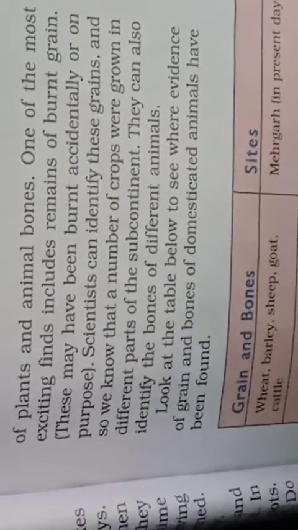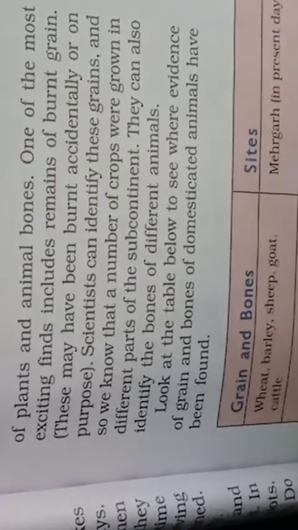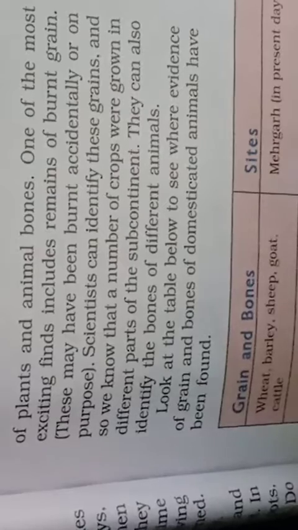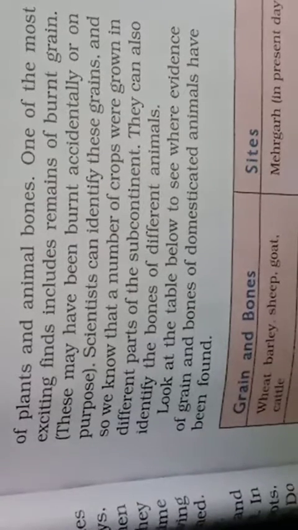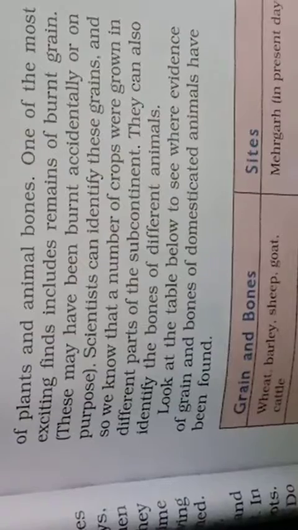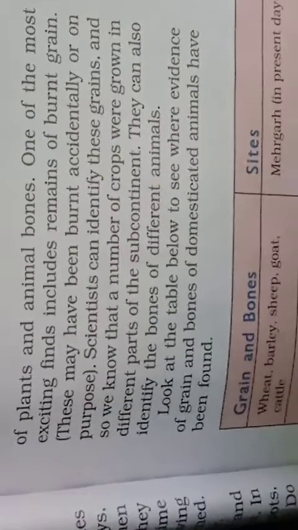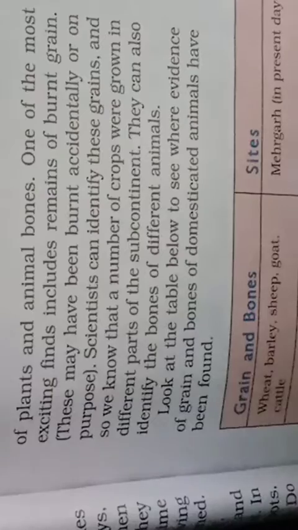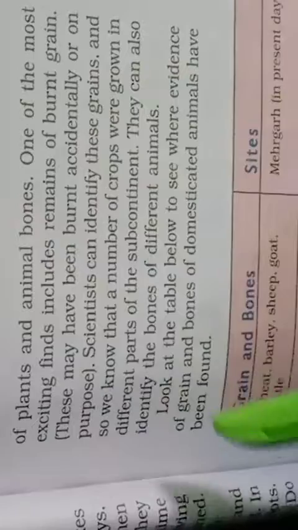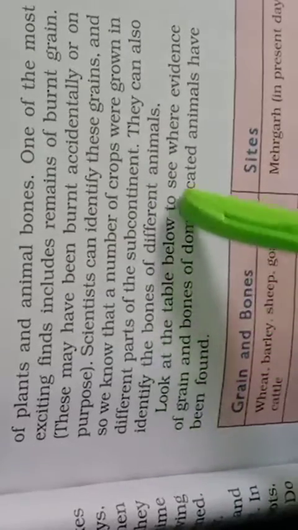Means the scientists can identify the remains of burnt grains, and they can identify which grain this is, and in that way we can know that these types of grains were used, and the people cultivated, otherwise domesticated, these plants. After scientists identify these grains, we know crops were grown, and they can also identify the bones of different animals.